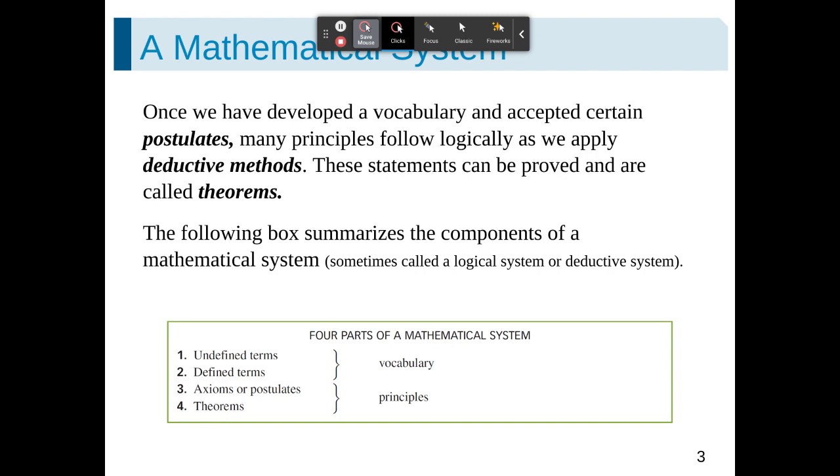Thinking back to deductive reasoning, it's the process of working your way through to make sure we understand what's going on, to being able to prove it. So these statements can be proved and are called theorems. And so theorems we'll be working toward. For right now, we basically have these axioms or postulates other people have proved that we can then use and apply to prove theorems.